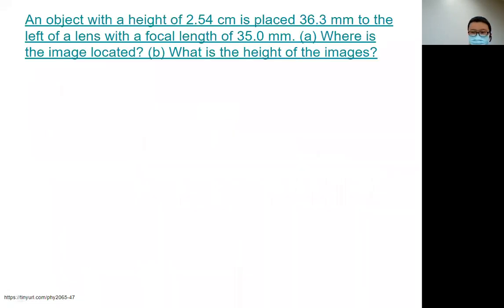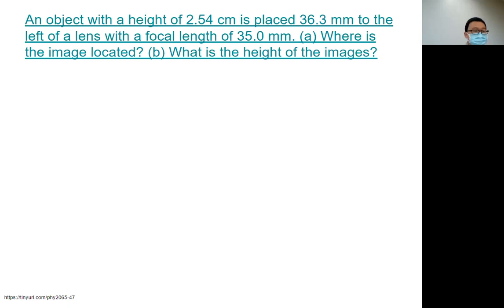All right, so we will take a look at this example here. It says, you have an object with a height of 2.54 centimeters, which is an inch, placed 36.3 millimeters to the left of a lens with a focal length of 35.0 millimeters. It asks: A, where is the image located, and B, what is the height of the image?